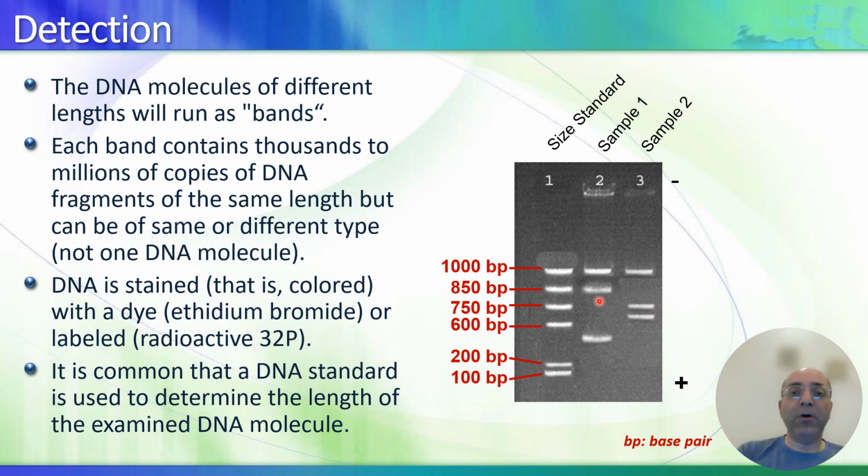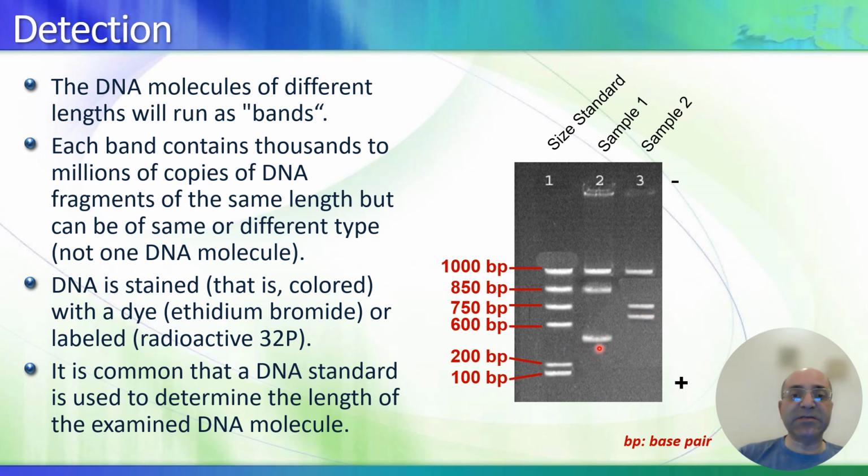Now we know that this one here is about 850, and so on. This one here is probably 750. This one here is between 750 and 600, so it's probably closer to 700 than 600, let's say, or 650. It's just an estimation of what the size of the DNA molecules inside this band is.